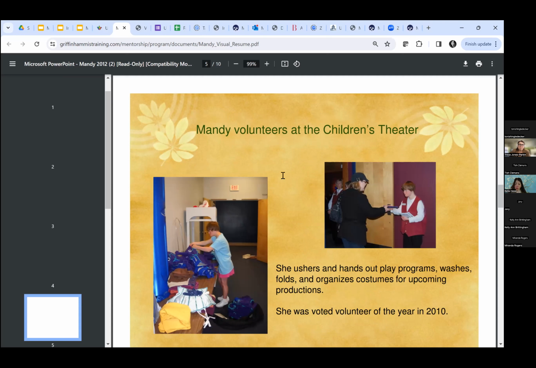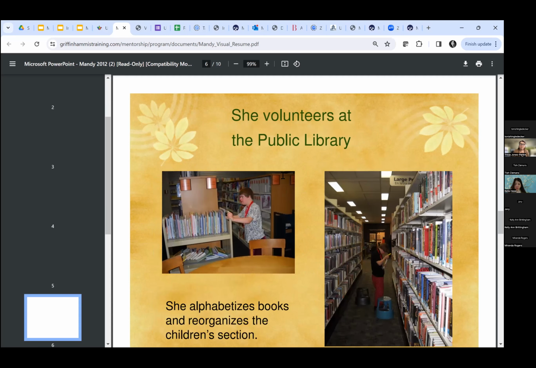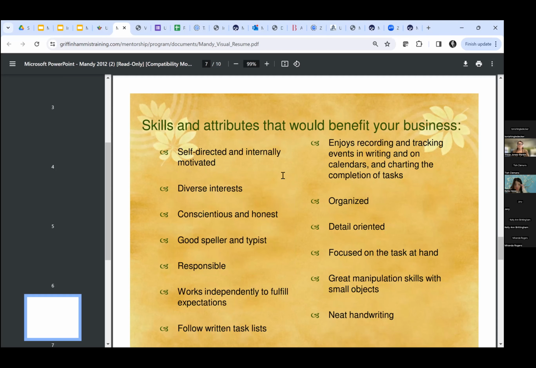For volunteer work, again, it's showing through pictures and texts the experiences she's had. Work at the public library. Skills and attributes that would benefit your business.